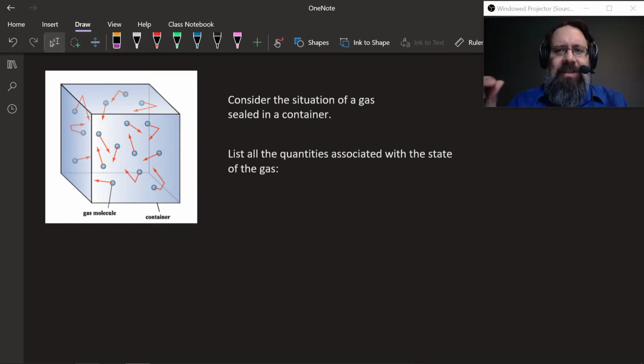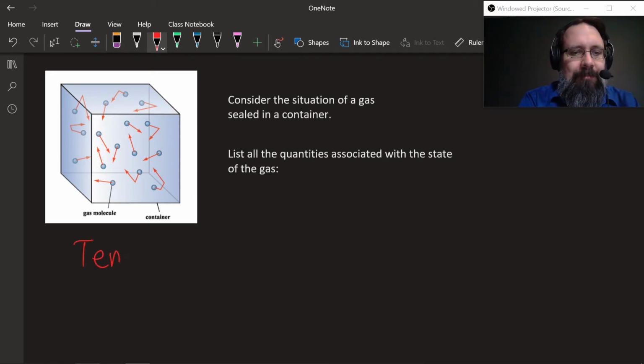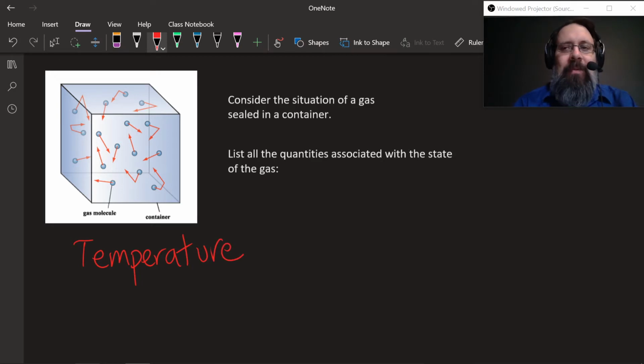So we want to make a list of all of the properties, all the characteristics, all the quantities that we can measure that describe the physical condition of this gas. All right, so some obvious ones would be temperature. So I'll list that down there. So temperature. And remember that when we're measuring the temperature, what we're actually measuring is the molecular kinetic energy.